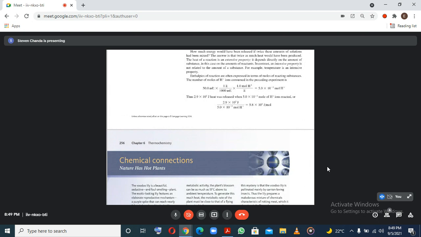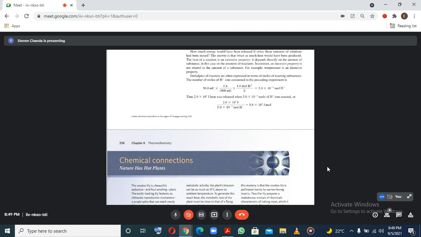So now we are trying to assign what amount of heat is going to be produced per mole of the reacting substances, right? Because we always want to deal with moles. When I want to do this reaction and produce this amount of energy, I have to use this amount of moles. And when I want to do this, I'm going to use this amount of moles.